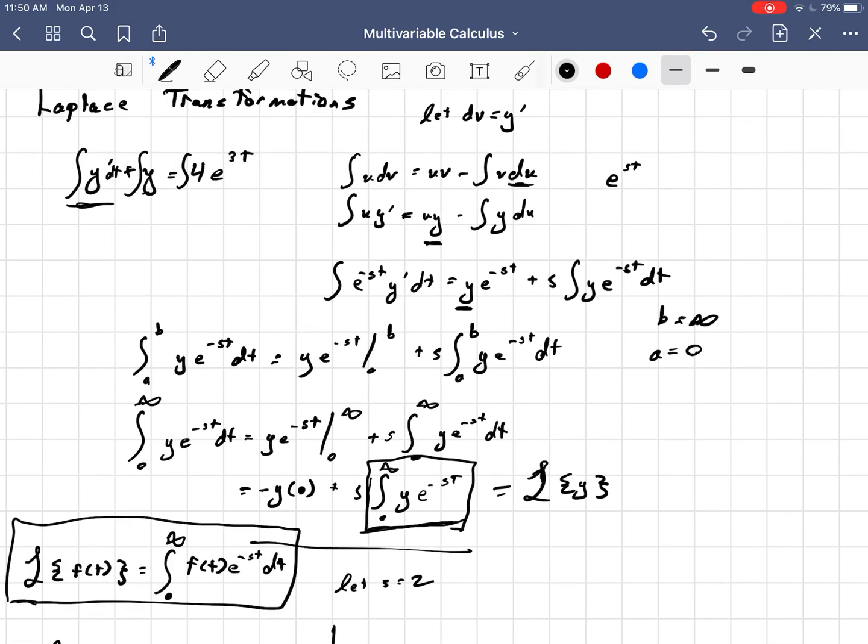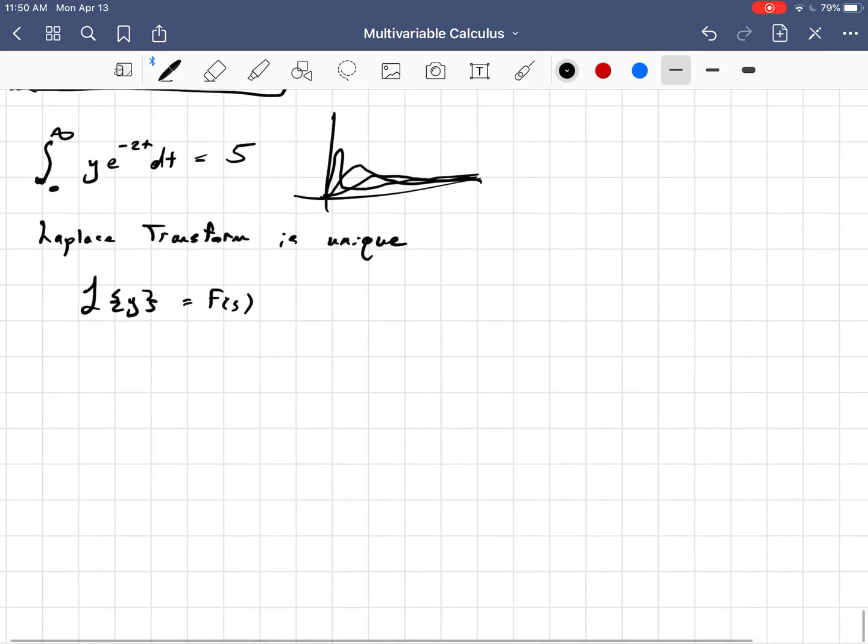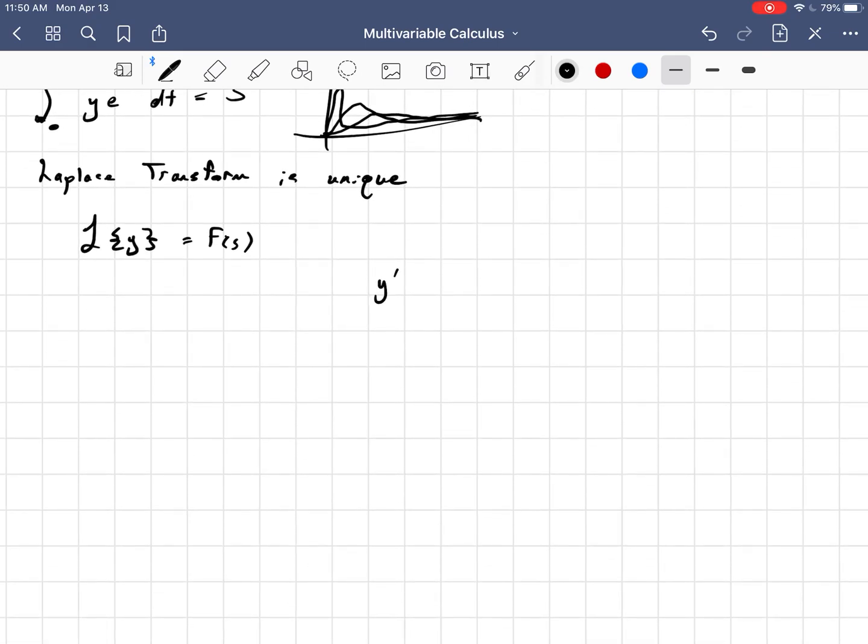So when we go to, see, we had this differential equation here: y prime plus y is 4e to the 3t.